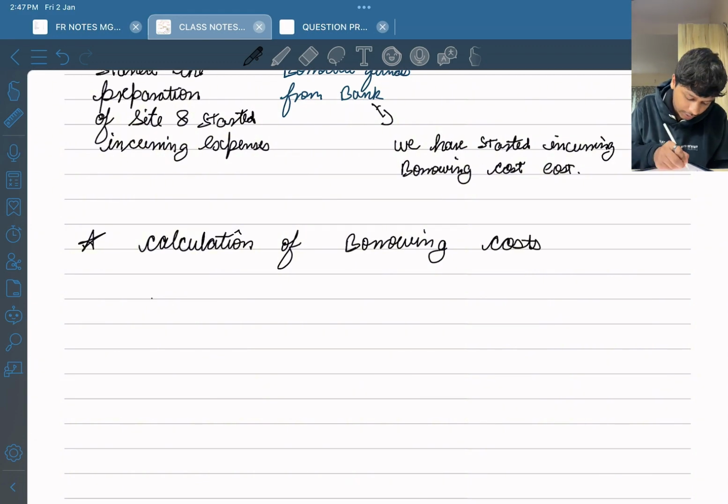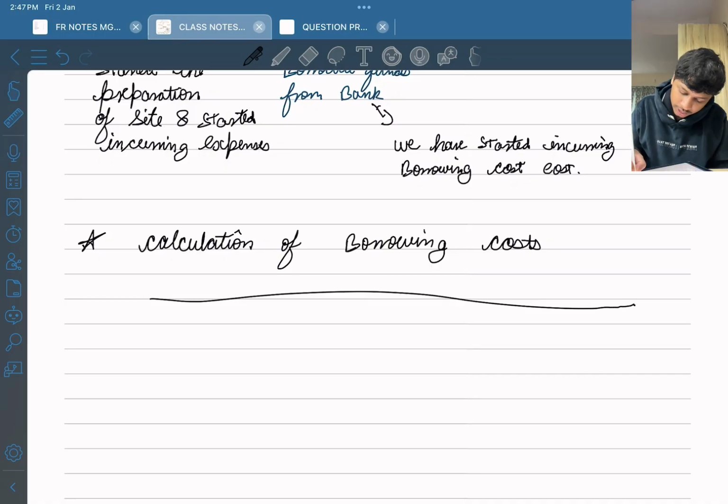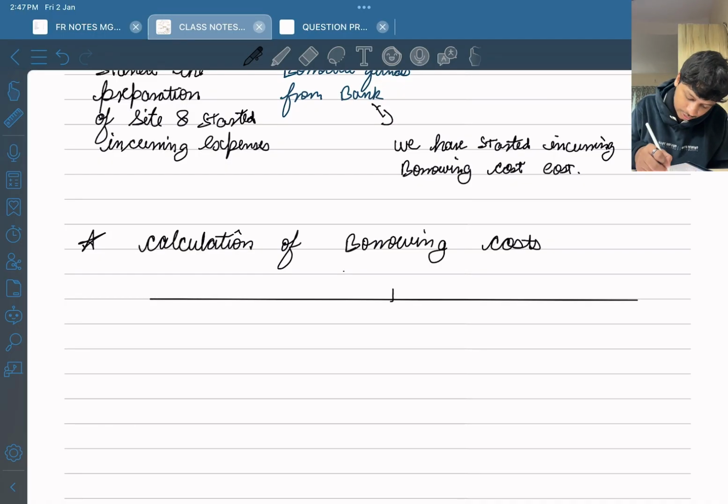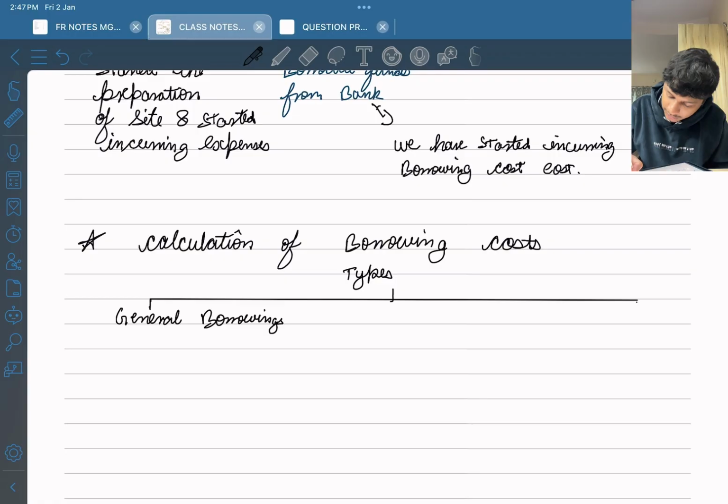We have to remember that there are two types of borrowings. The first type is general borrowing, and the second is specific borrowings.